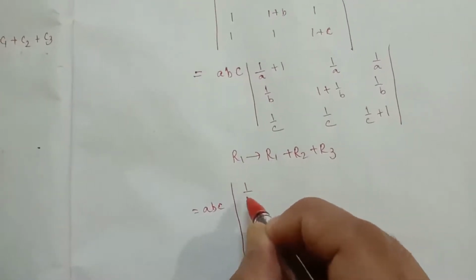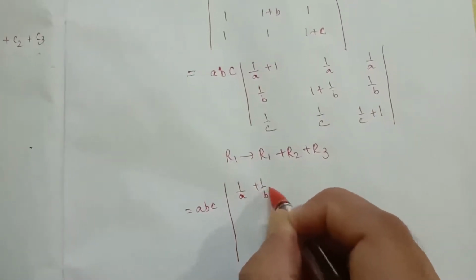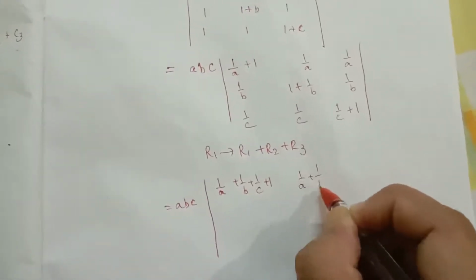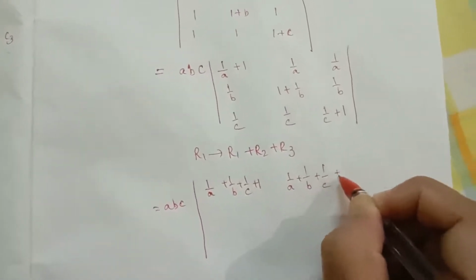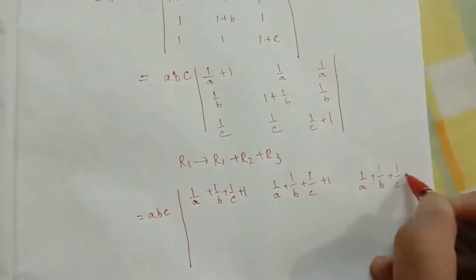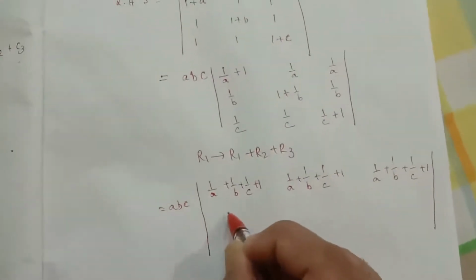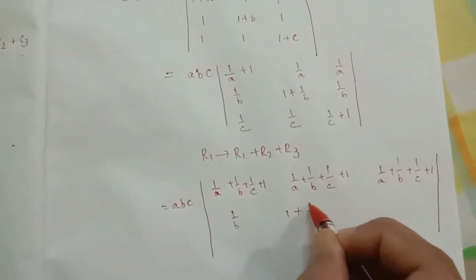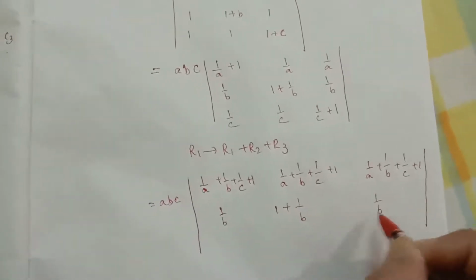The first row will become 1 by a plus 1 by b plus 1 by c plus 1, in all three places. Now we can take this element common from the elements of r1.